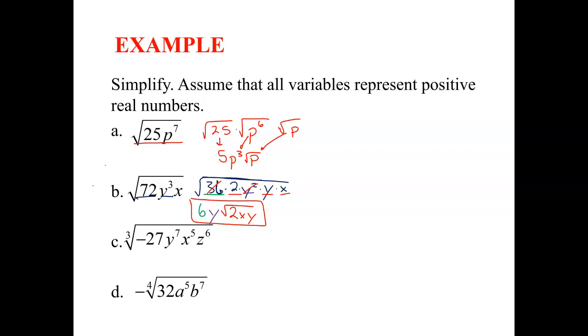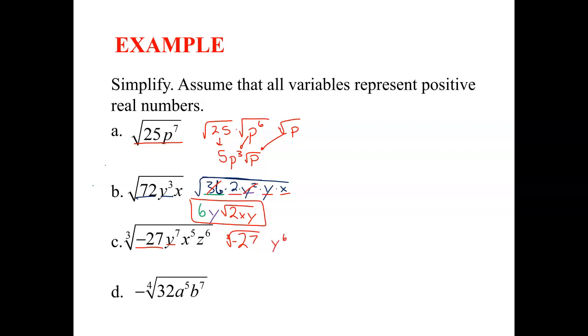Now we're looking at our third root. Negative 27. Can that be cube rooted? Yeah, because it's 3. Okay, so that's a perfect cube, so that's good. All right, y to the 7th. Nope, so what do I need to split it into? 6 and 1.